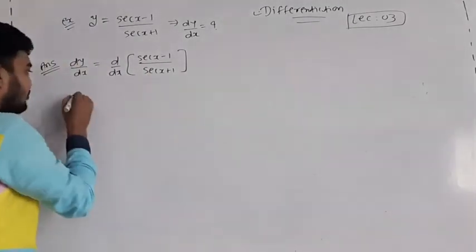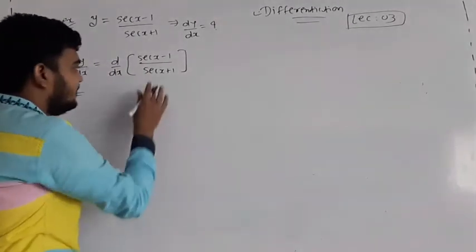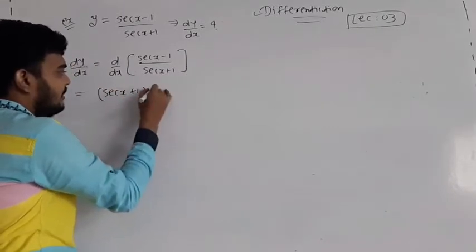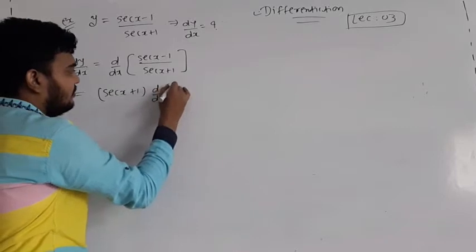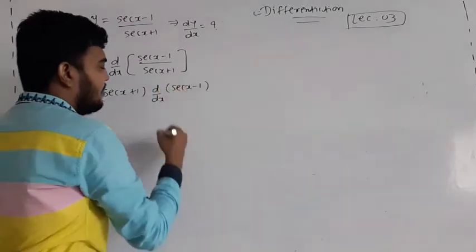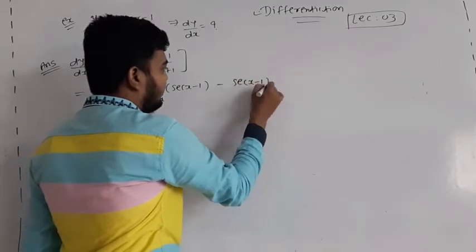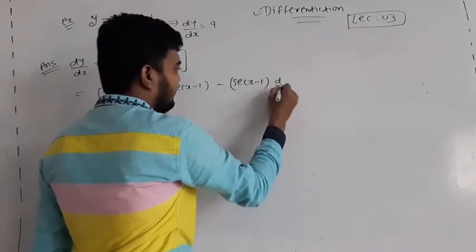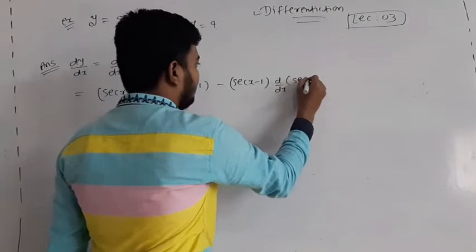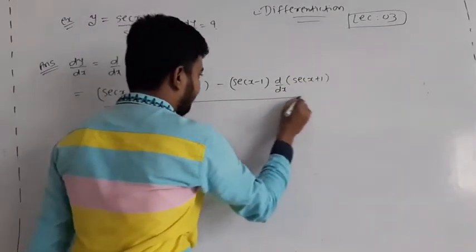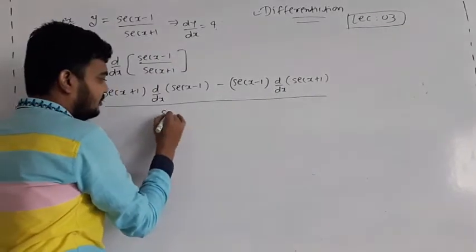What is the division rule? The denominator as it is, differentiation of the numerator, minus the numerator as it is, differentiation of the denominator, and this whole thing is divided by the square of the denominator.